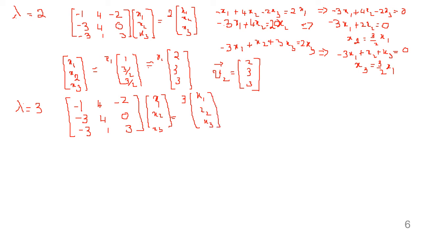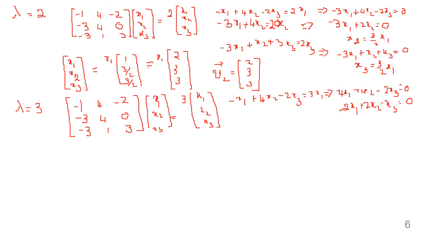Let me write the three equations. Minus x1 plus 4x2 minus 2x3 equal to 3x1. We get this as minus 4x1 plus 4x2 minus 2x3 equal to 0. That gives you minus 2x1 plus 2x2 minus x3 equal to 0.